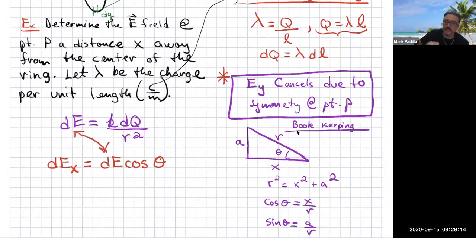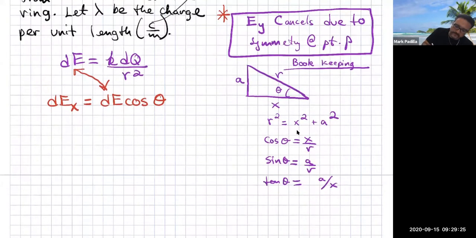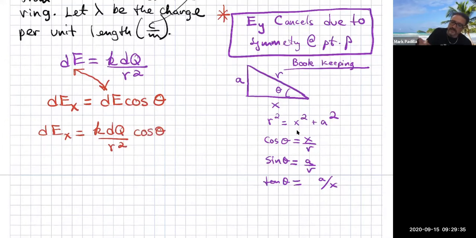That's why we needed to define the dE. So let's go ahead and plug that in. dEx is equal to k dq over r squared cosine theta.